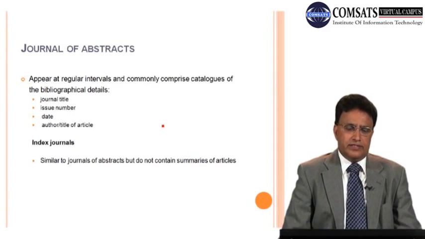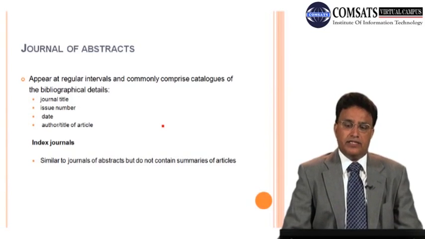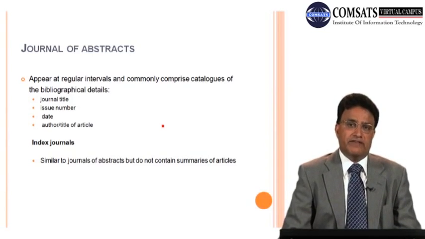Next is the Journal of Abstracts, which keeps information about authors and subjects. Journals of Abstracts appear regularly, maybe every 1 year or 2 years or more frequently, and they commonly comprise catalogs of bibliographic details.